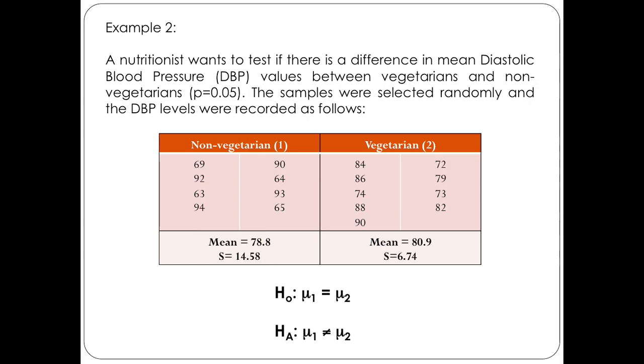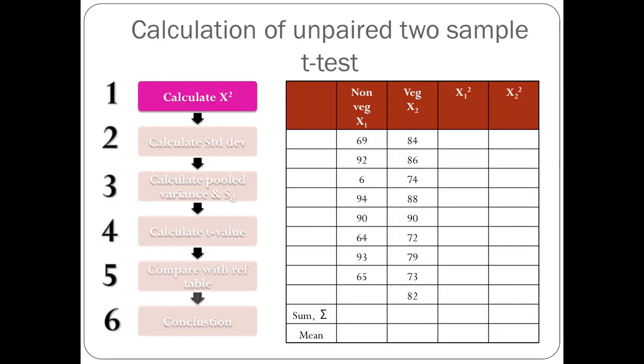Let's move into the calculation, the 6 steps calculation. What is the first step? Calculate the x square. So always prepare a table so you can do this on a paper, or using a calculator, or using Excel to help you to do the calculation.